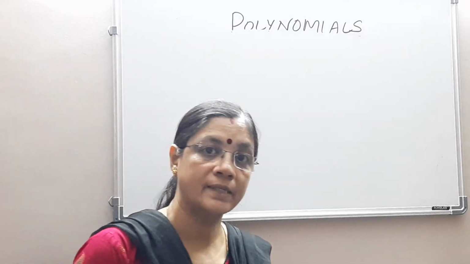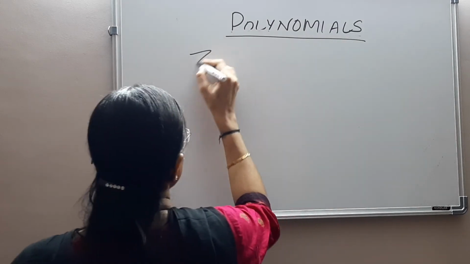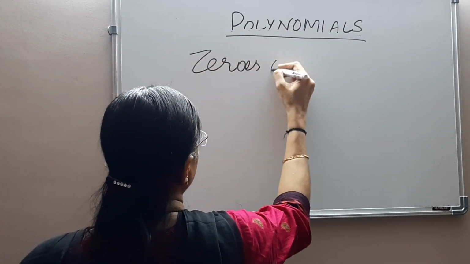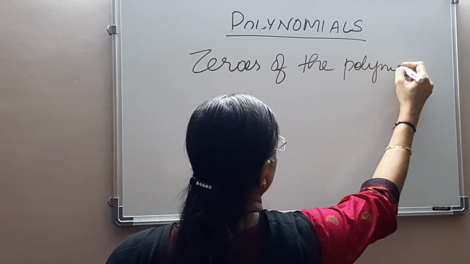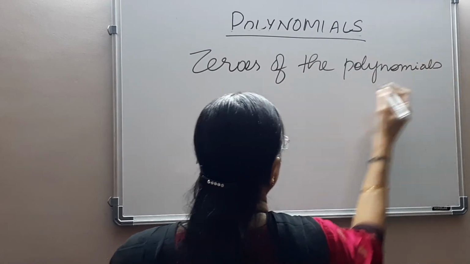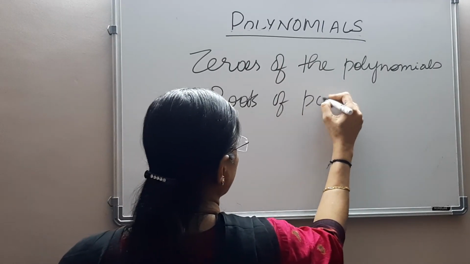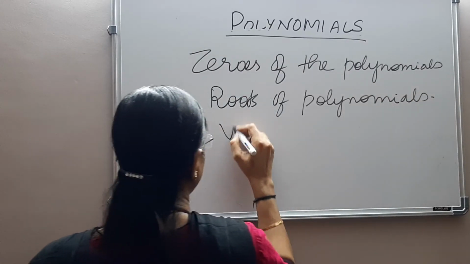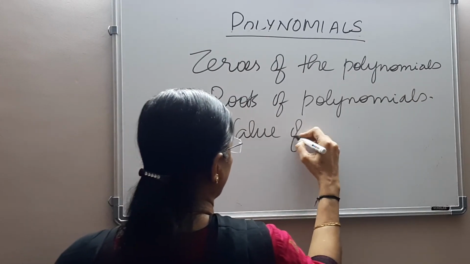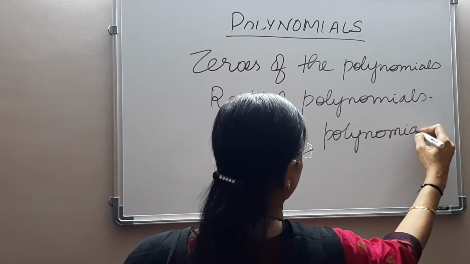So the next class we will be learning about zeros of the polynomial. What are zeros of polynomials or roots of polynomials? And we will also be finding out values of polynomials.